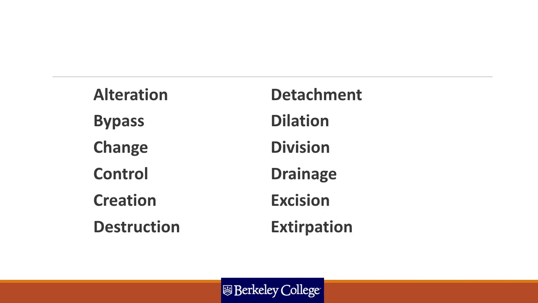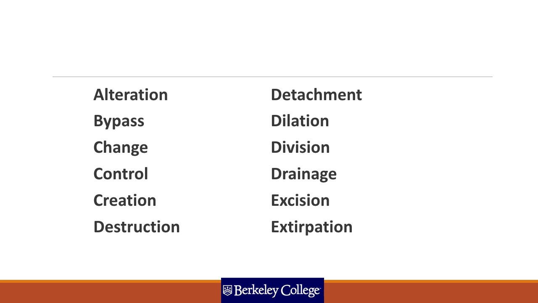These are a few of the ICD-10 PCS root operation terms available to you in the medical and surgical section. Now, all 31 root operation terms will not be available to you for every code. The tables will tell you what can be used with what body system, with what approach.